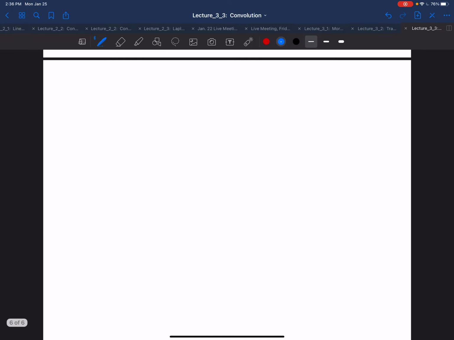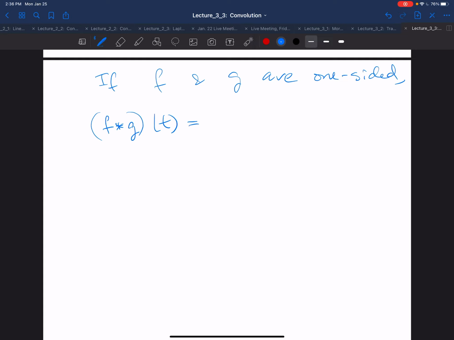Now, we're interested mainly in one-sided functions. And in that case, we can write this integral a little more simply. Then f star g is going to be, by definition, the integral from minus infinity to infinity of f of tau g of t minus tau d tau.